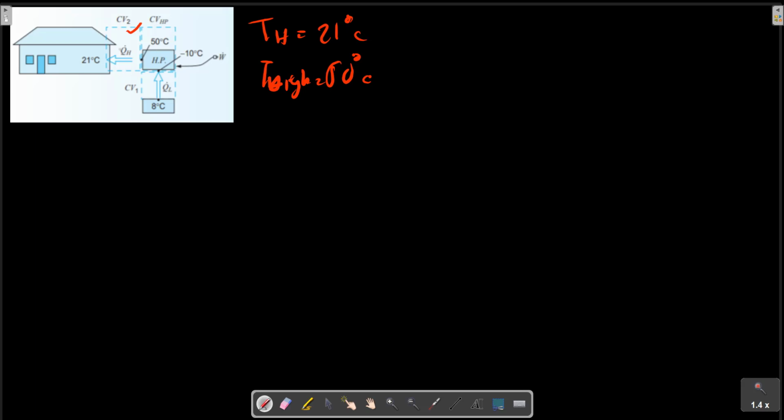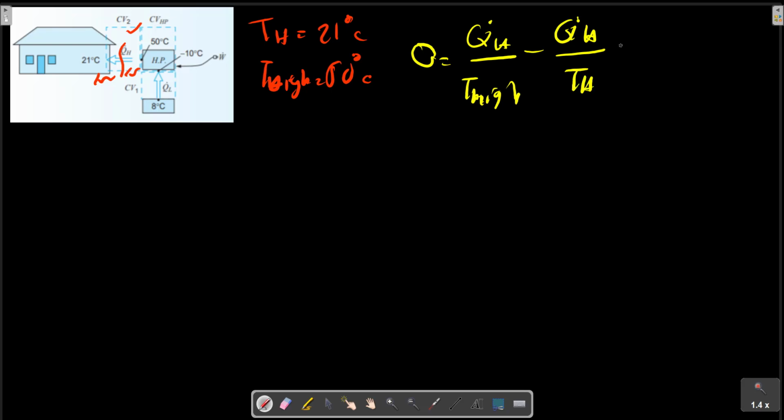At first Q goes to, so S dot generation, S dot equals Q dot H on T high, Q dot H on TH plus S dot generation of control volume 2.